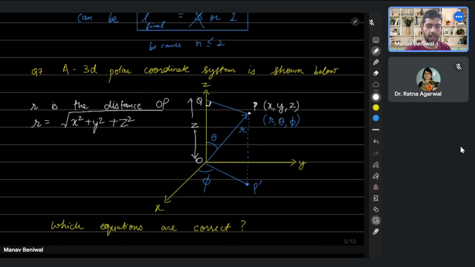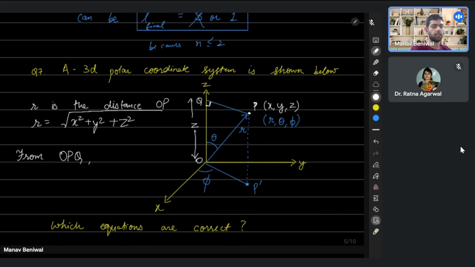So from this triangle OPQ, what can we write?